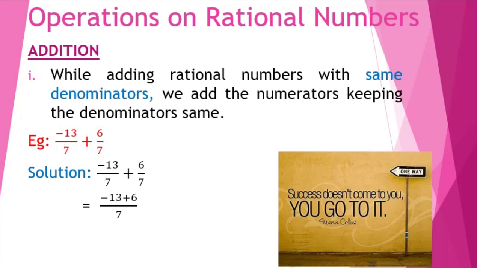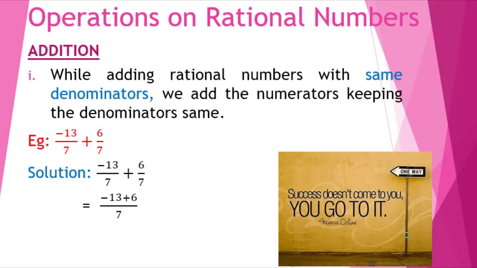Minus 13 plus 6. Here we have to use the rule of addition of integers. What is the rule of addition of integers having different sign? Bigger number minus smaller number and put the sign of the bigger number. Here the bigger number is 13. So 13 minus 6 equal to 7.